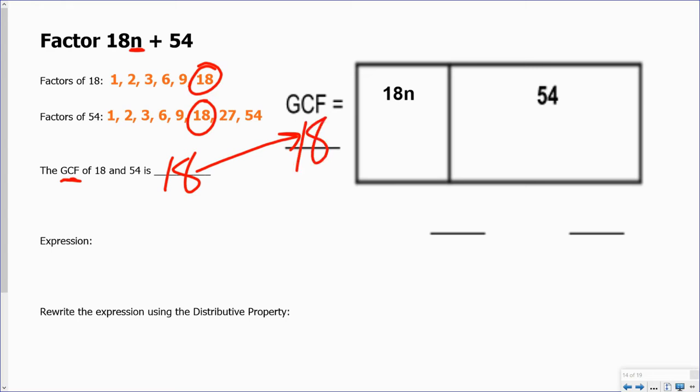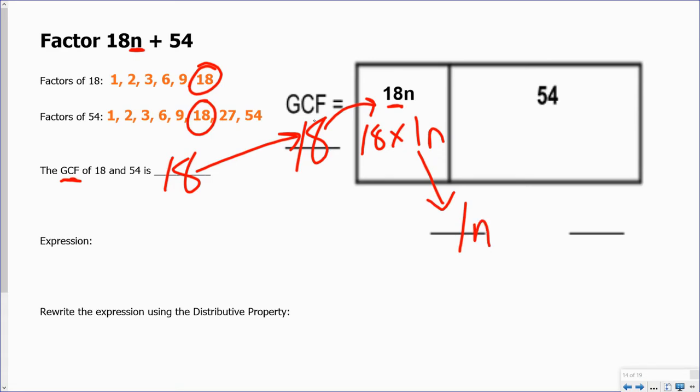And again, I want to see 18 times what is going to give me 18. And that would be 18 times 1. But again, in this case, I've got the variable, so it's going to be 18 times 1n. This 1 is going to go right here, along with my n.